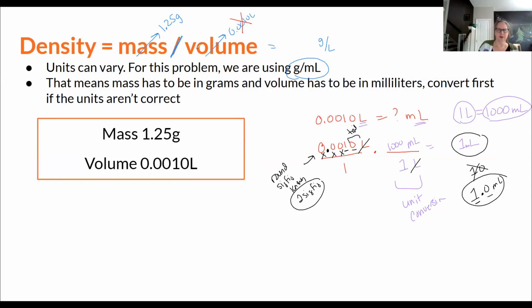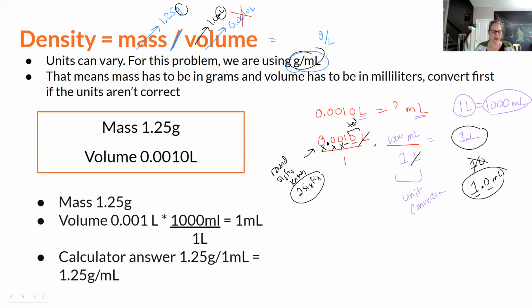So the volume I'm going to use for the problem is 10. milliliters. So now my answer is going to be grams per milliliter. Great. So now I'm going to divide 1.25 grams by 10. milliliters, and I get 0.125 grams per milliliter. That's my calculator answer.